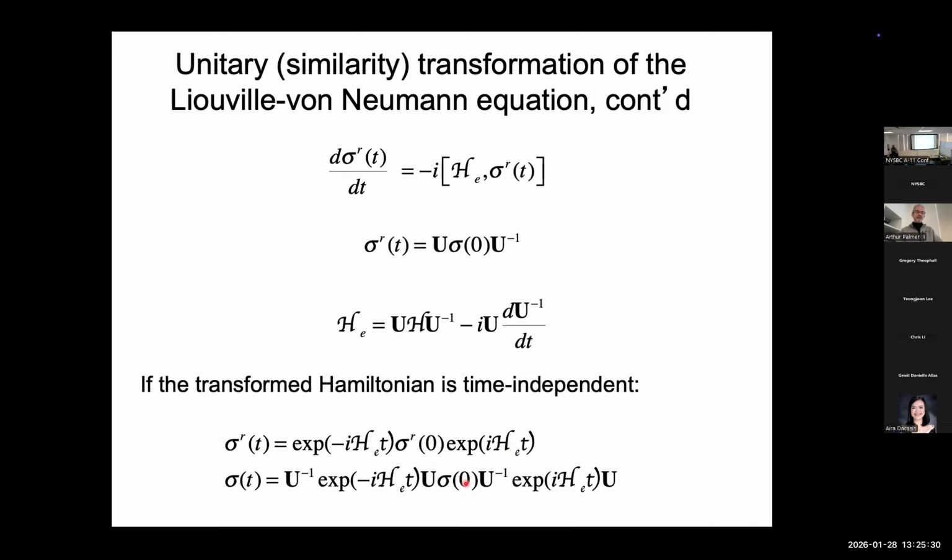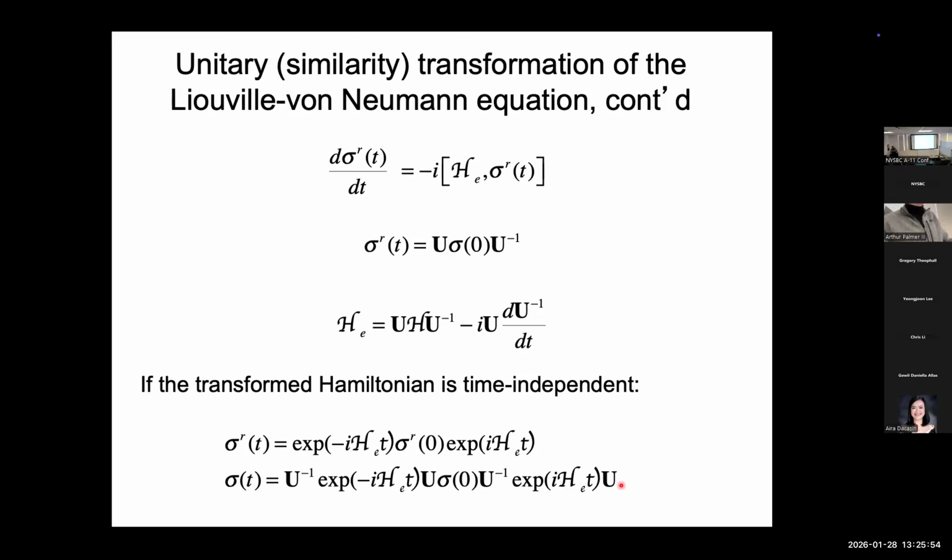So I start in the original frame, I transform to the new frame, solve in the new frame, and then transform back to the original frame. Depending on the problem, I might not care about coming back to the original frame. Knowing the result in the transformed frame might be enough for me.